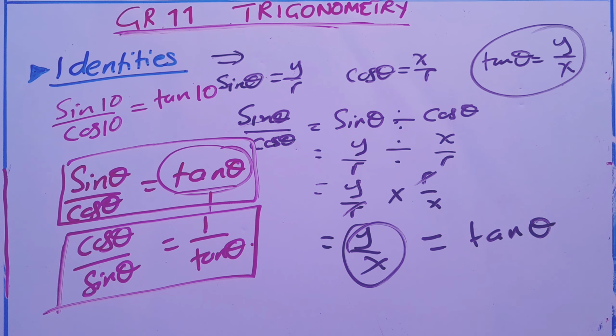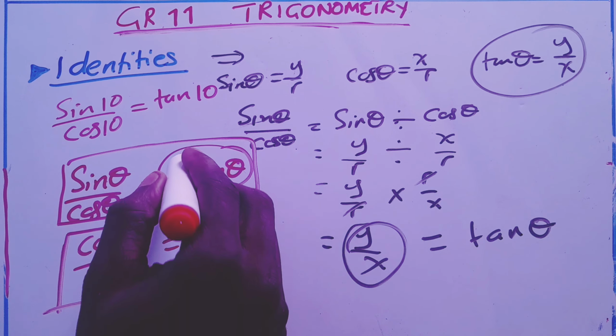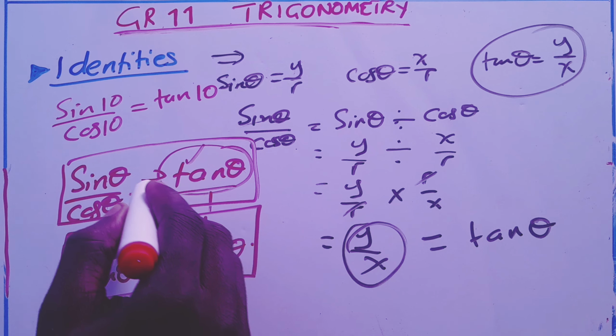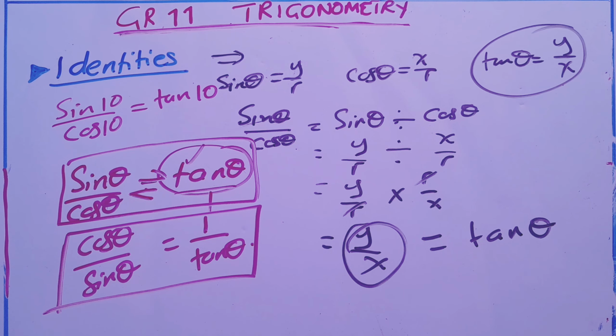So no matter what you're doing, most of the time when you're proving identities or simplifying ratios, always remember to change tan theta into sin theta over cos theta. Wherever you see tan theta, try to change it as fast as you can. So this is our first identity.